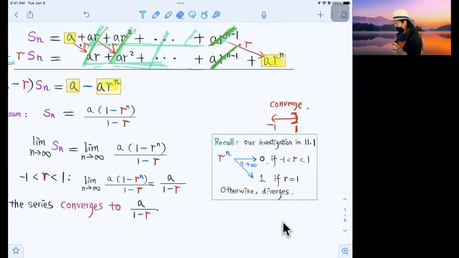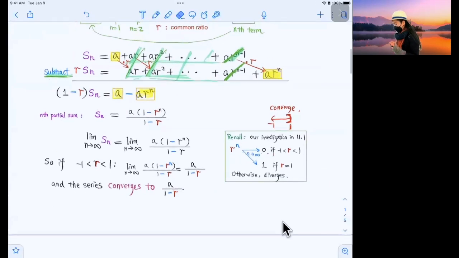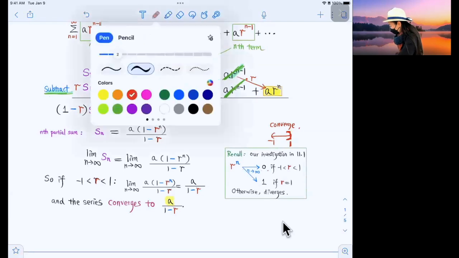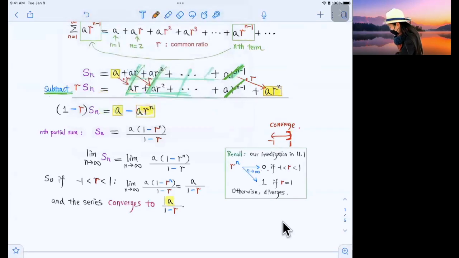So what is that a? I would suggest that you remember this a here as the first term. This a over here is the first term in the geometric series.